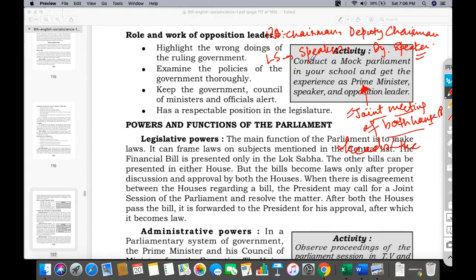The head of Lok Sabha is the speaker, the head of Rajya Sabha is the chairman. When it is a joint meeting, who is the head? Just guess it. I want to check your guessing ability.